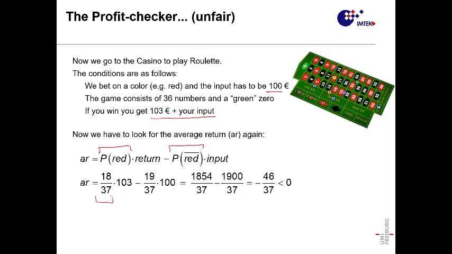So 18 over 37 is your probability to get a red, times the 103 euros that you would get if you hit there. Now, what is the probability of not getting a red? So you have the 18 that are black, plus again our green. So we have 19 possibilities over 37 again, because it's our whole omega.